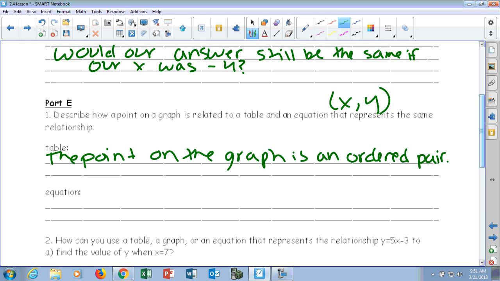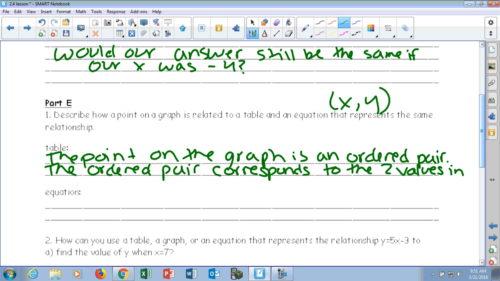So when we say that, going off of what you said, the ordered pair corresponds to the two values in the columns.